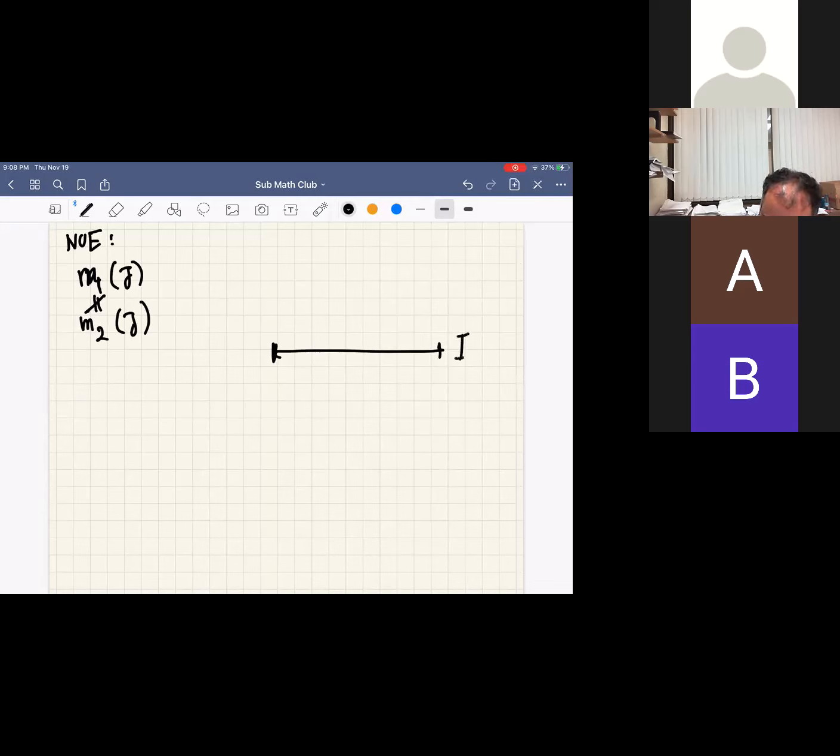So this is my interval, and let's say that there is this sub-interval, which I label J. I have these two different measures, which are two different ways of assigning lengths to sub-intervals, where these two are not equal to each other.